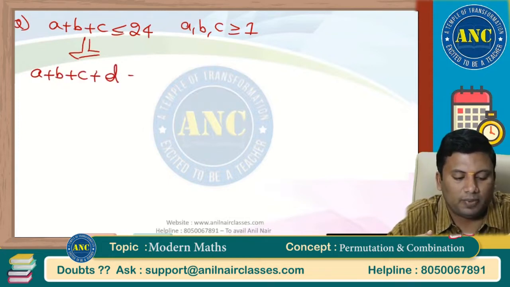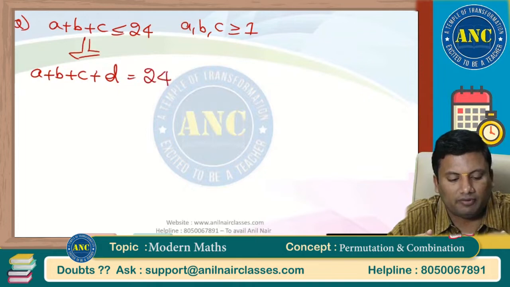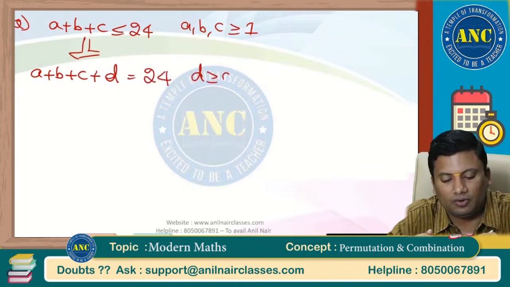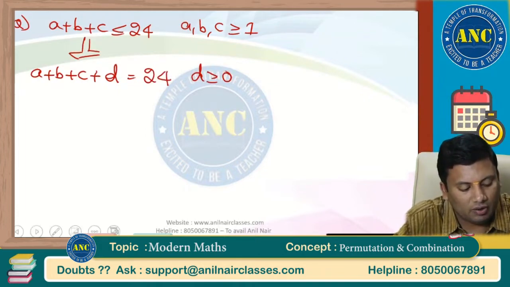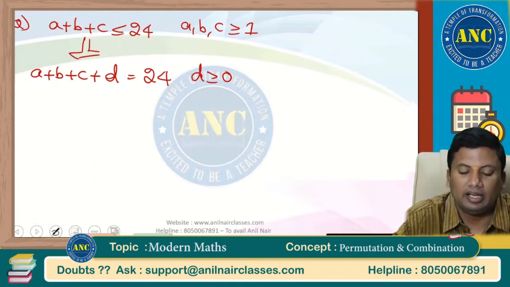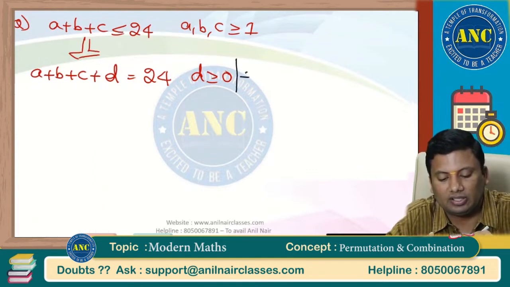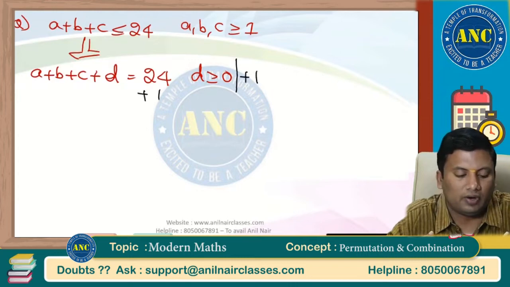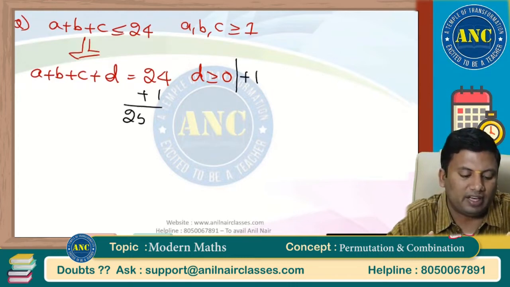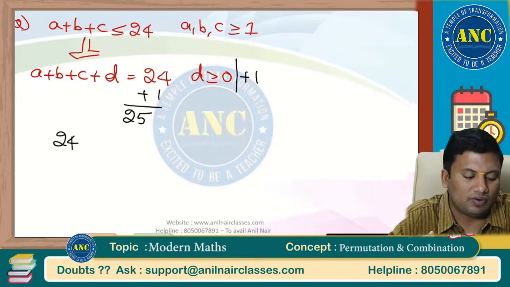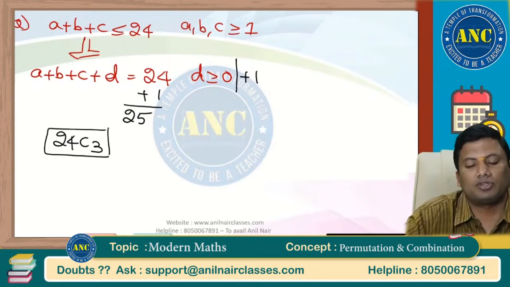That means plus d equivalent to 24. d can take 0. I hope the idea is clear. If it is 0, add 1 to it. 24 plus 1, 25. Answer is nothing but 24C3.